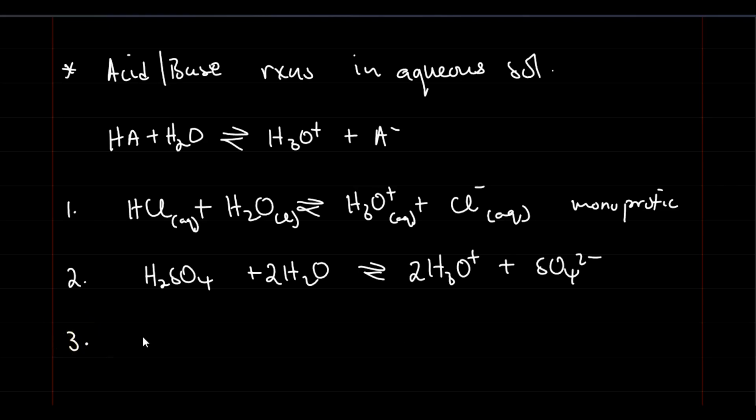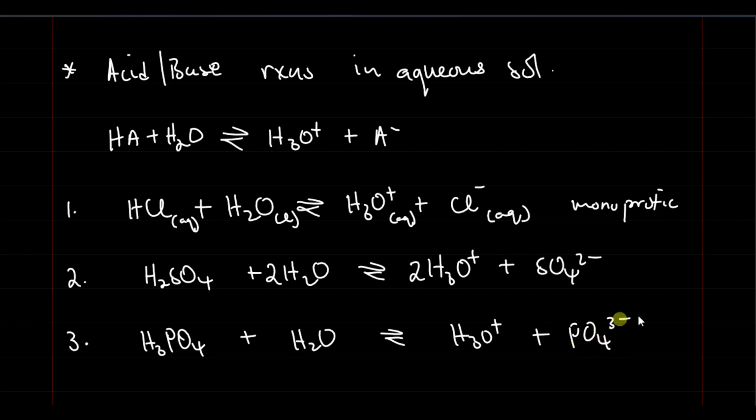Okay, thirdly, let's try phosphoric acid. Phosphoric acid plus water giving us what? Hydronium plus phosphate ion. Okay, so phosphoric acid can donate up to 3 protons, so it is a triprotic acid.